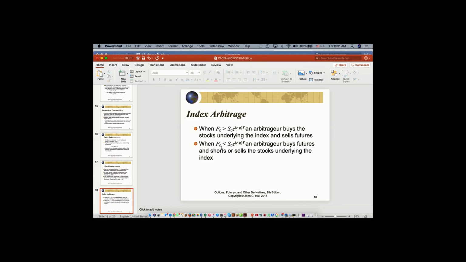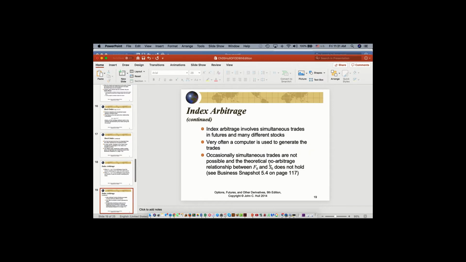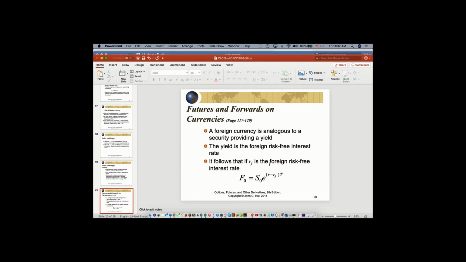And if F sub 0 is less than the right hand side, then you basically buy the futures and sell the stocks underlying the index. This is called index arbitrage, and it is done programmatically. A computer program does that for you.